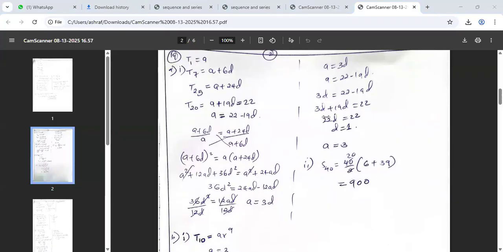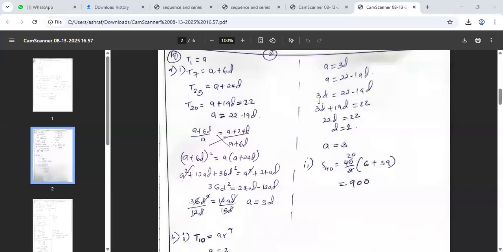So A will be 22 minus 19D. Then since the A's are equal, we equate the two values. 3D equals 22 minus 19D. Then if you work it out, you get D as 1 and A as 3.